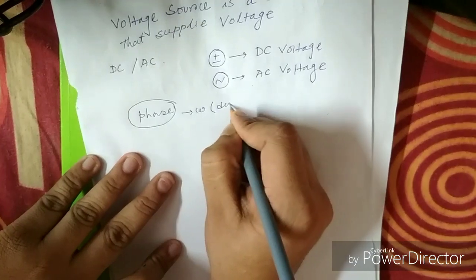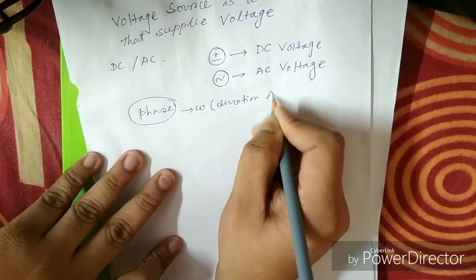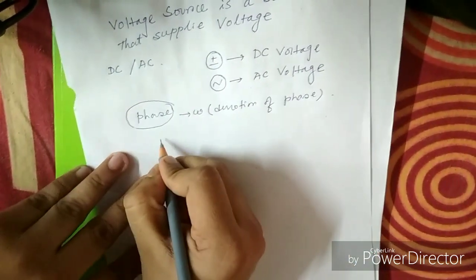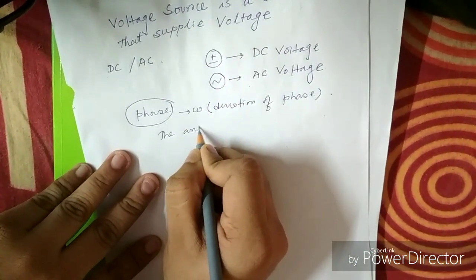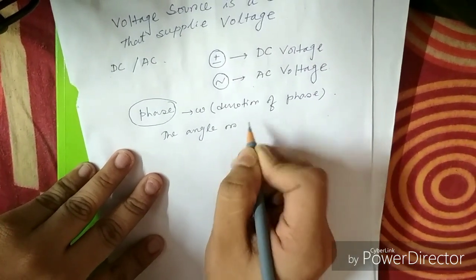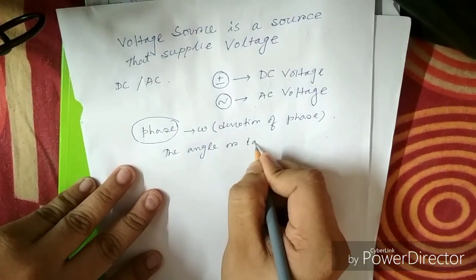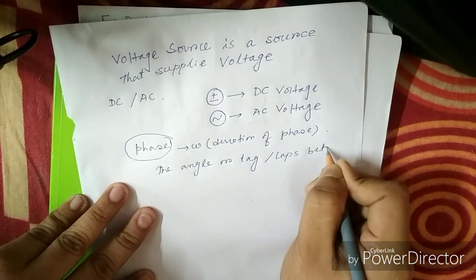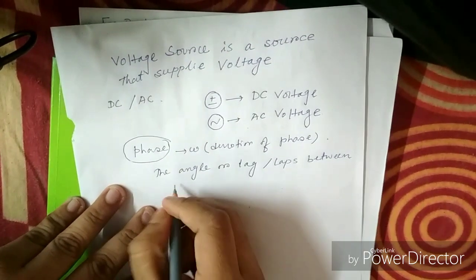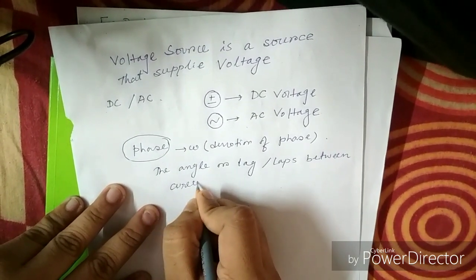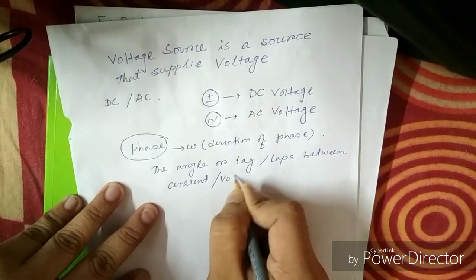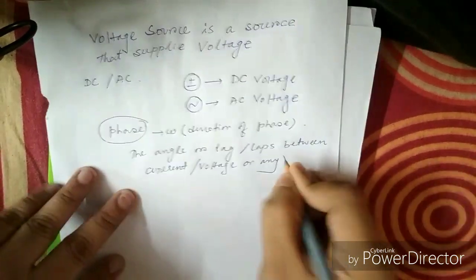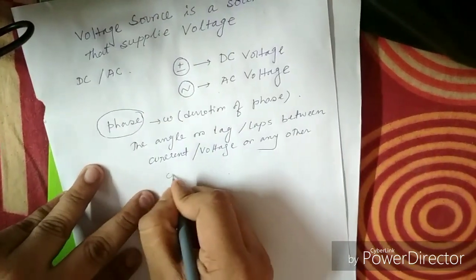Omega is the denotation of phase. But basically phase is the angle, or you may say lag or lapse, between current and voltage or any other circuit parameters.